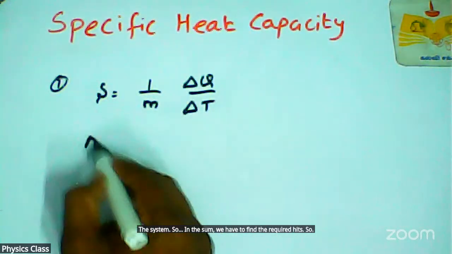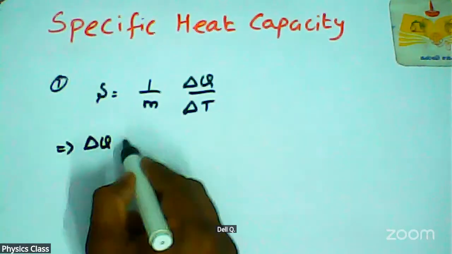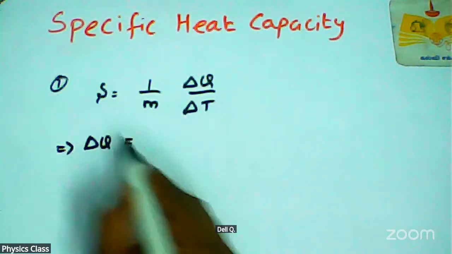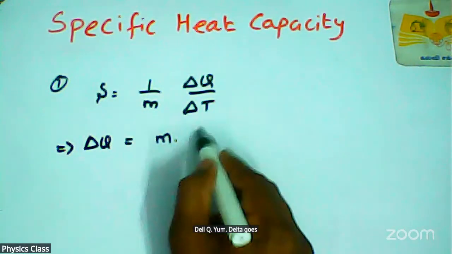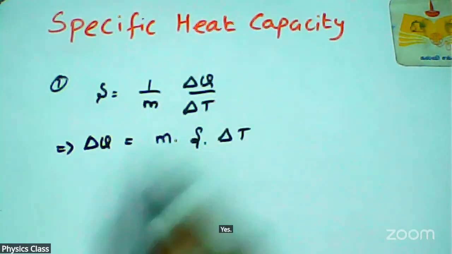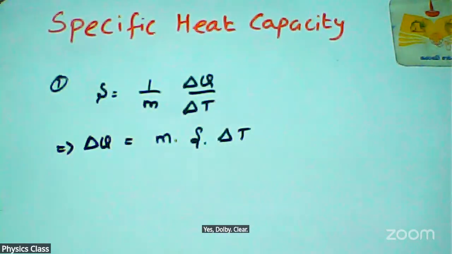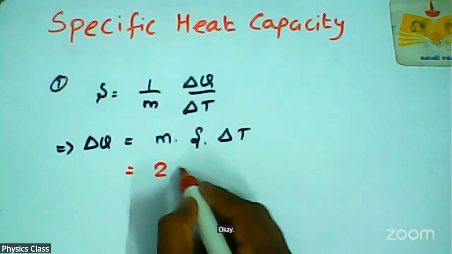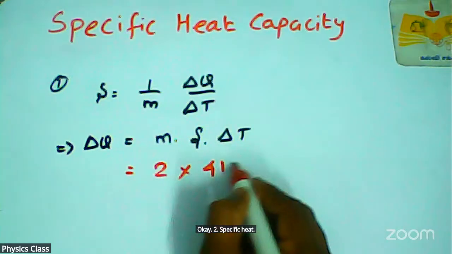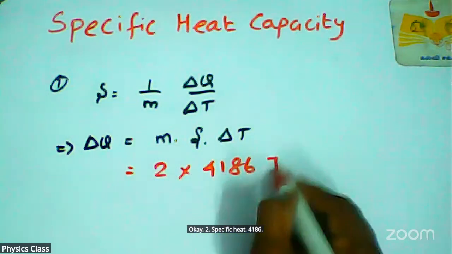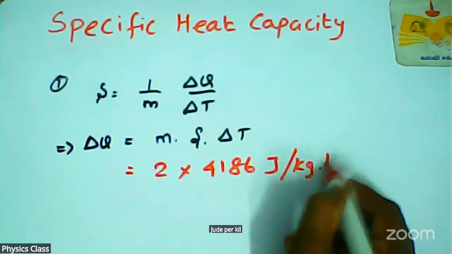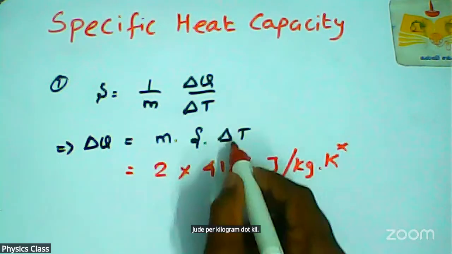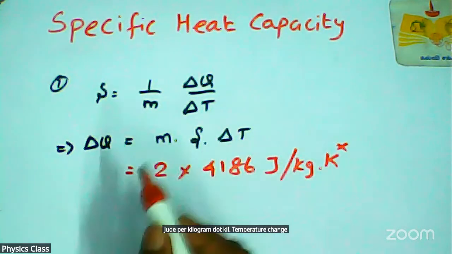So ΔQ equals m s ΔT. Clear? Okay. Mass, we have 2 kg of water. Specific heat, 4186 joule per kilogram Kelvin. Temperature change.